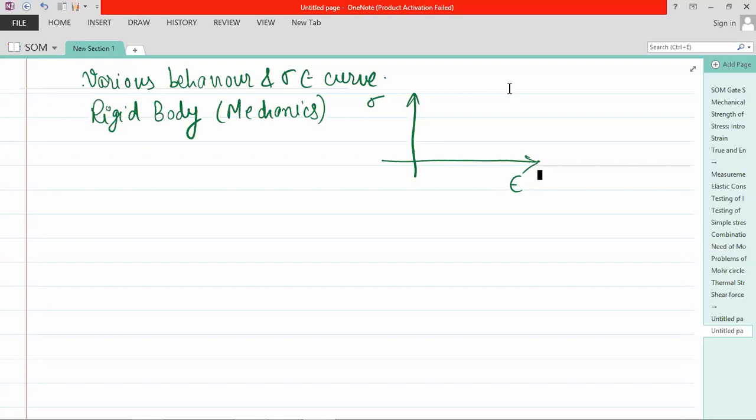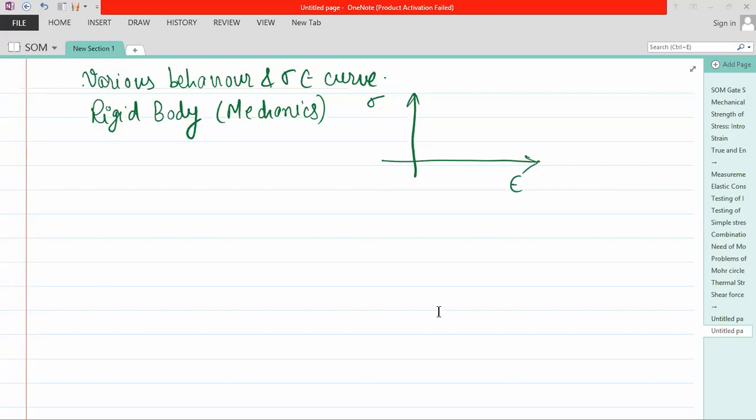Yeah, the engineering stress strain curve for a rigid body, as we study in mechanics. Straight line.